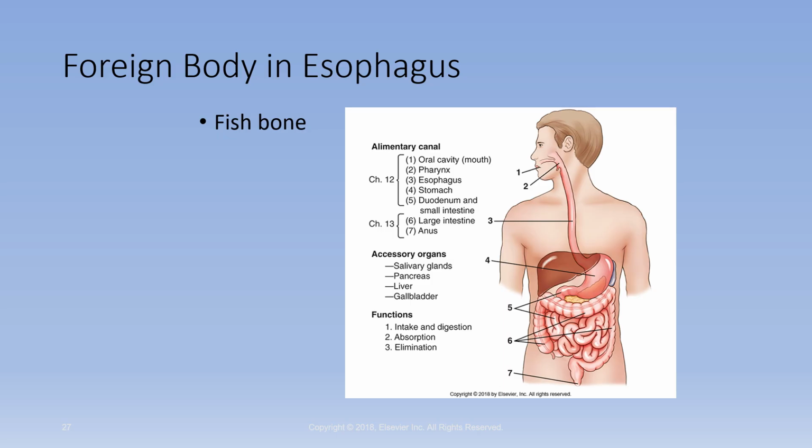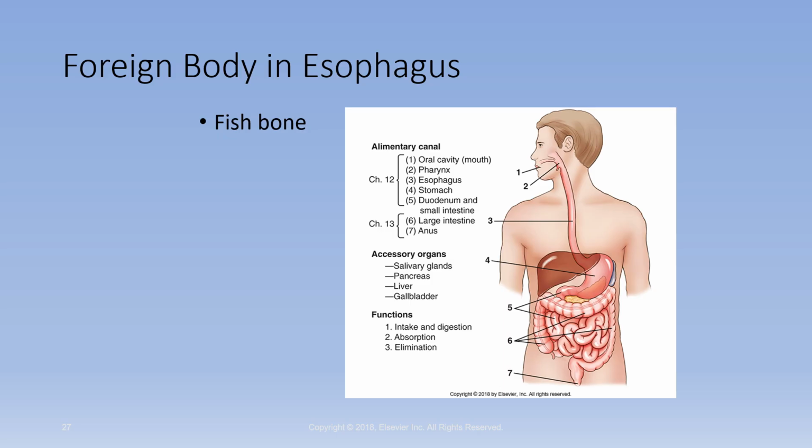Foreign body in the esophagus. If that were the case, a lot of times what they can do to identify that is give the patient barium. Sometimes they will take a cotton ball and soak the cotton ball in barium and then have the patient swallow that so that they can visualize where that foreign body is.